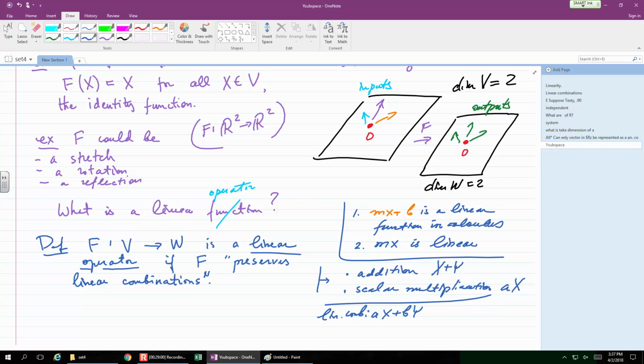So if you go back and think about addition, you might remember from calculus some functions that preserve addition, and some functions that preserve scalar multiplication. How about differentiation? We're not going to look into vector spaces of functions, unfortunately, because those are infinite dimensional, but it is actually a very solid application of linear algebra that pays back to calculus: thinking of functions as vectors, as well as differentiation and integration being linear operators on that space.